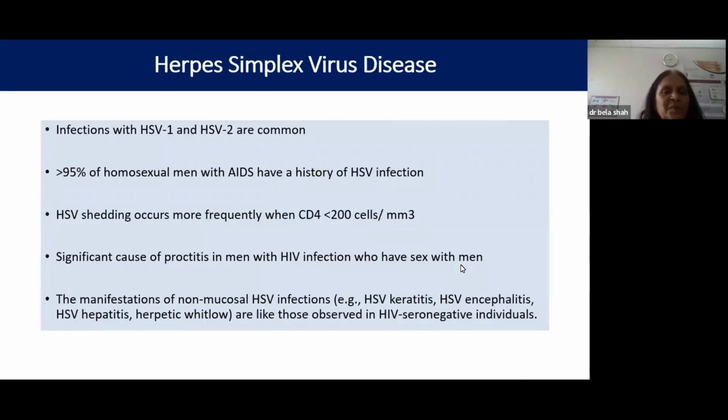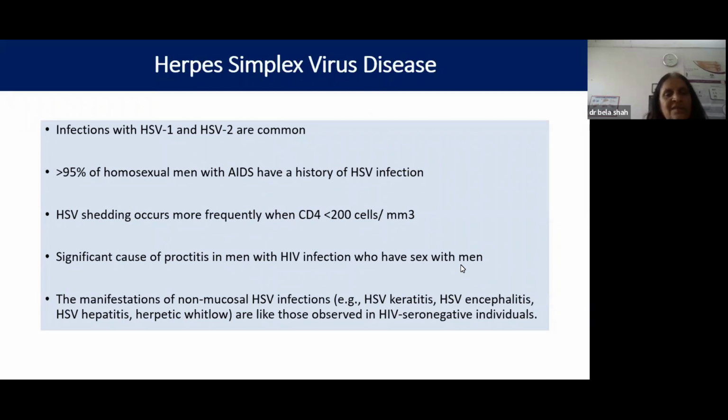These are very common herpes group of viruses, and we see herpes simplex, herpes labialis type 1 infections and type 2 infections are quite common. In homosexual men, more than 95% of this population will have history of herpes infection, especially type 2.